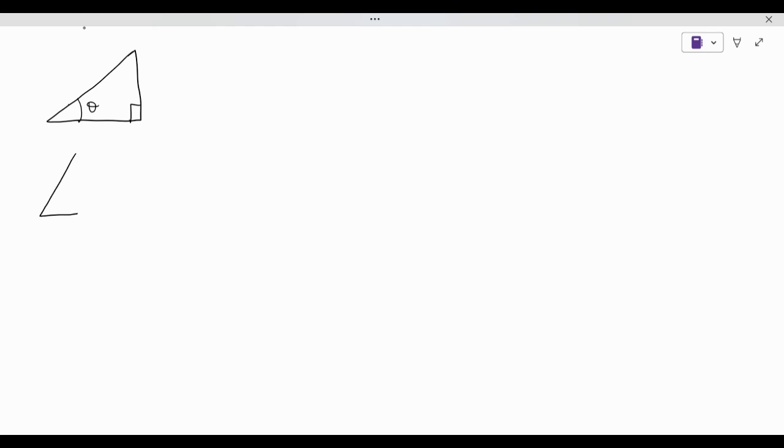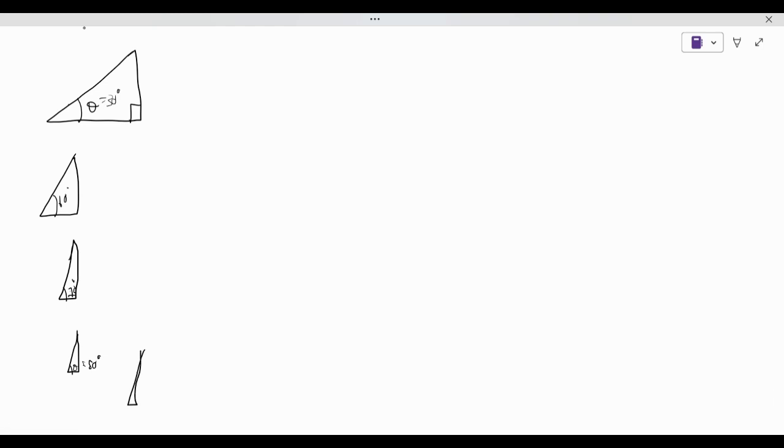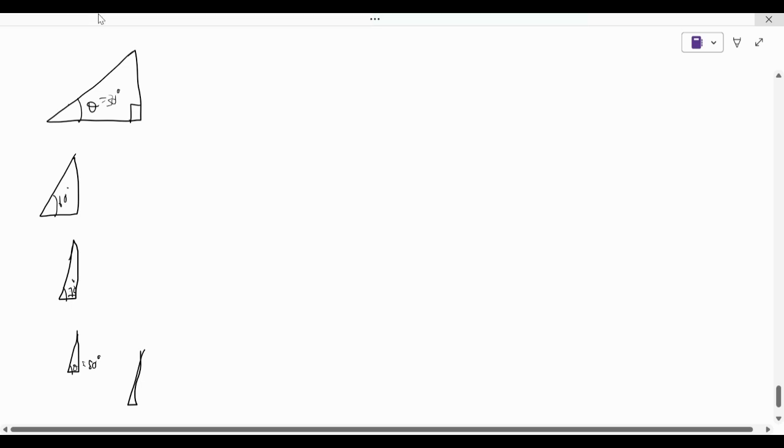For example, if theta is equal to 30 degree, this will become 60 degree. Then this will become 70 degree. Theta is growing. Finally, when it becomes 90 degree, as theta becomes larger, it coincides with the opposite side.